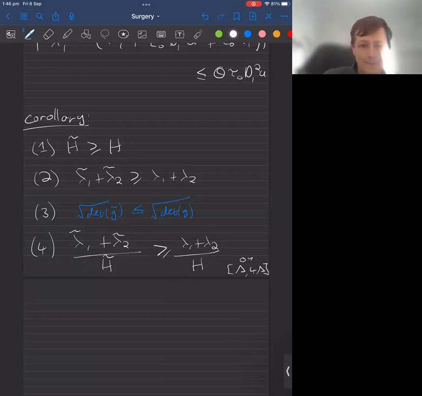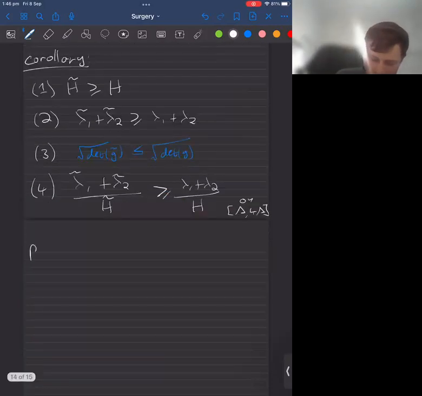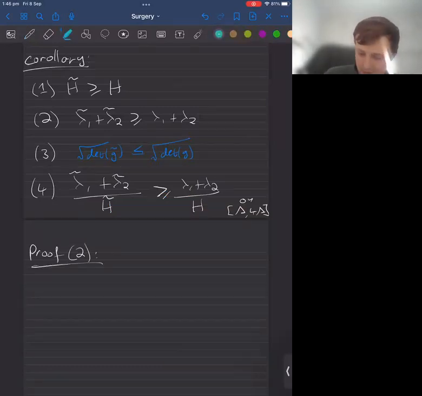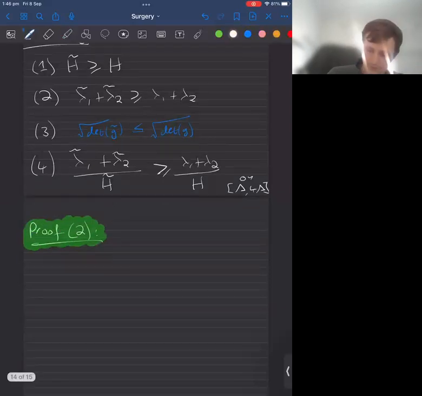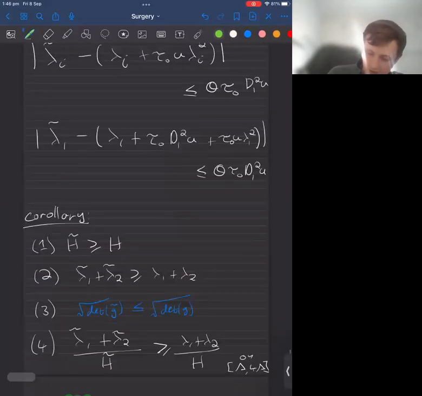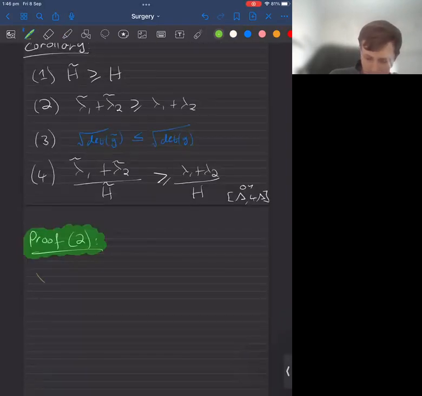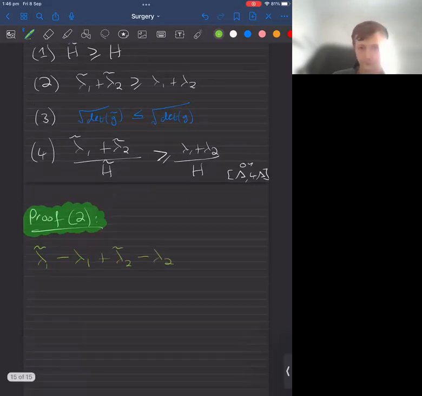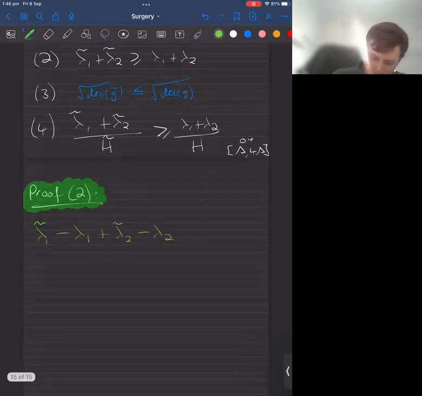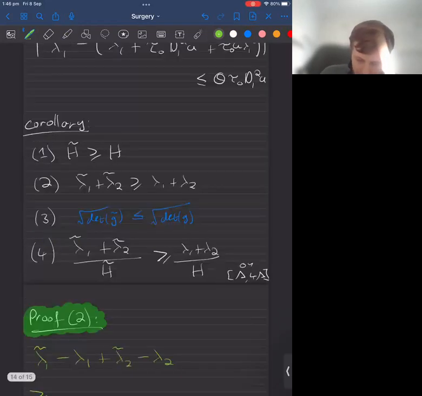Okay, and so maybe I'll just very quickly do the proof of 2 using these estimates that I've essentially black boxed. I'm very sorry. Because I think at least this enlightens you on why you want to do it. So lambda 1 tilde minus lambda 1 plus lambda 2 tilde minus lambda 2. So I want a lower bound on this.